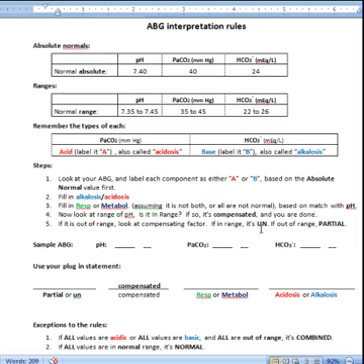So let's take this analogy that we've made with mixing an acid and a base and put it into our ABG interpretation rules. So we want to learn how to interpret an ABG, which is a combination, and we're talking about the pH. The pH is a combination of the CO2 and the bicarbonate. The CO2 acts in the body as an acid.